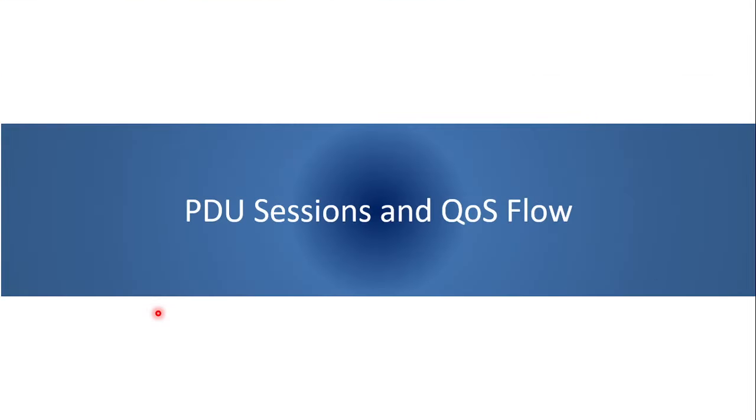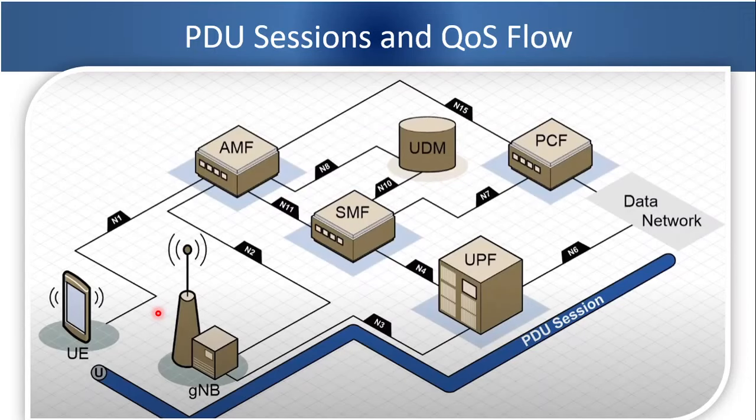Now, as I said, the data flow in 5G is through the PDU sessions created for each UE, and there is a quality of service flow inside the PDU session which carries a particular traffic flow onto the 5G system. So let us talk about that, and this is important. I seek your attention. As I explained, this blue pipe is nothing but a series of connections, and onto this data flows.